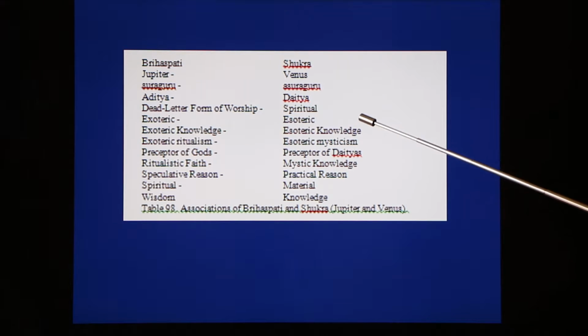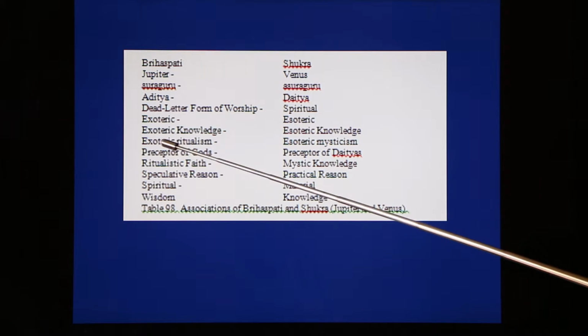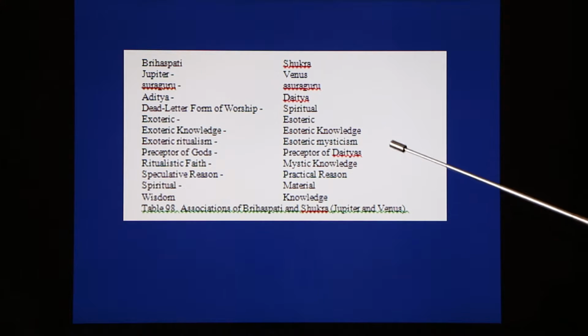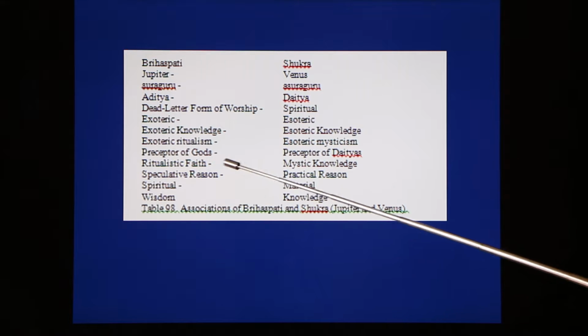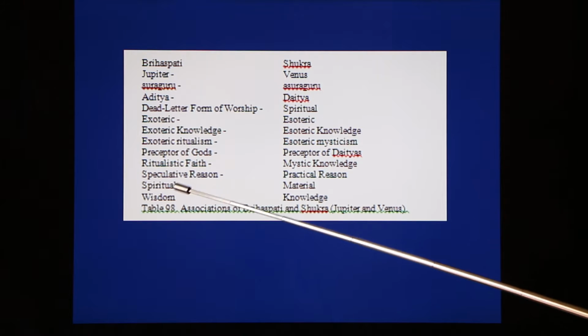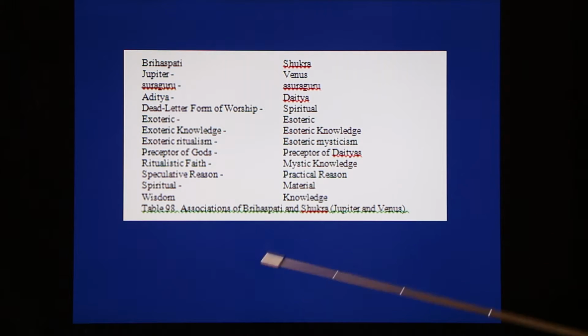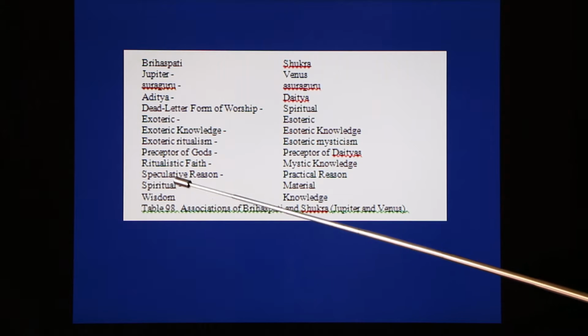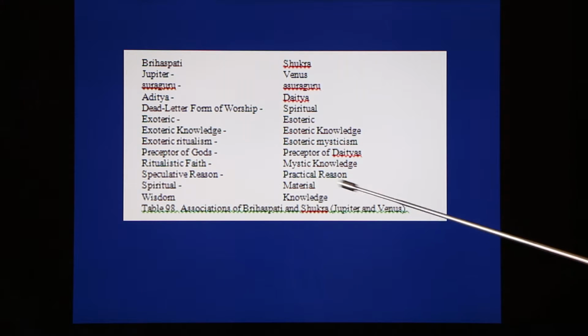One is esoteric or secret. One has exoteric knowledge, the other esoteric knowledge. One is exoteric ritualism, the other is esoteric mysticism. One is a preceptor of the gods, the other preceptor of the Daityas. One is speculative reason, the other is practical reason, the spiritual material, wisdom, and knowledge.